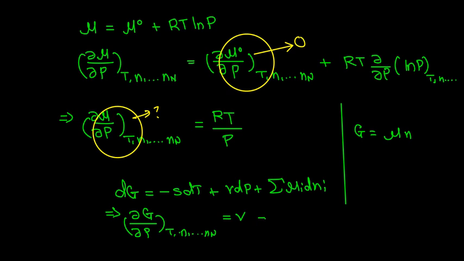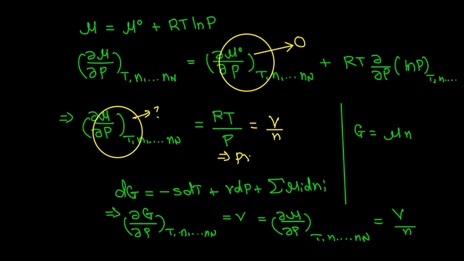Therefore, del mu by del P at constant T, N1, N will be nothing but V upon n, which means PV equals nRT, which is the same as what we have been knowing all along, right?